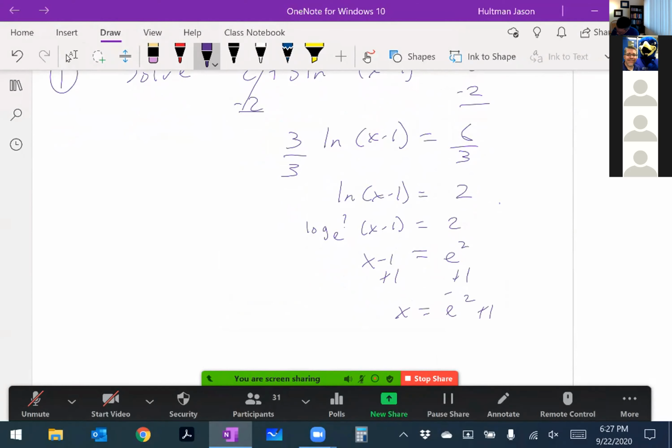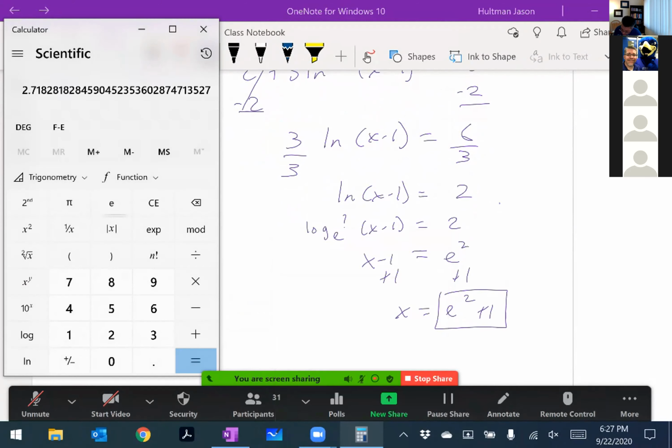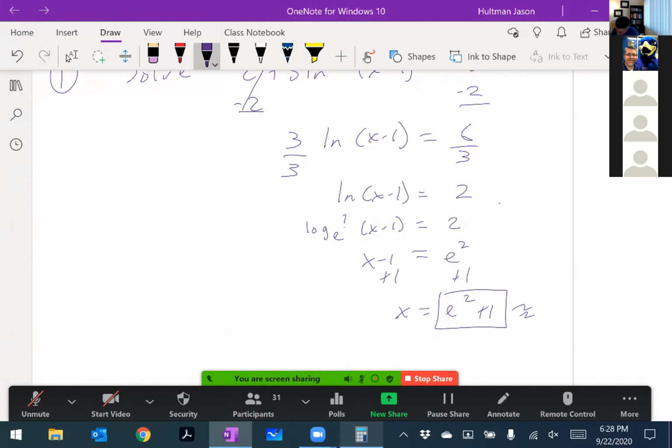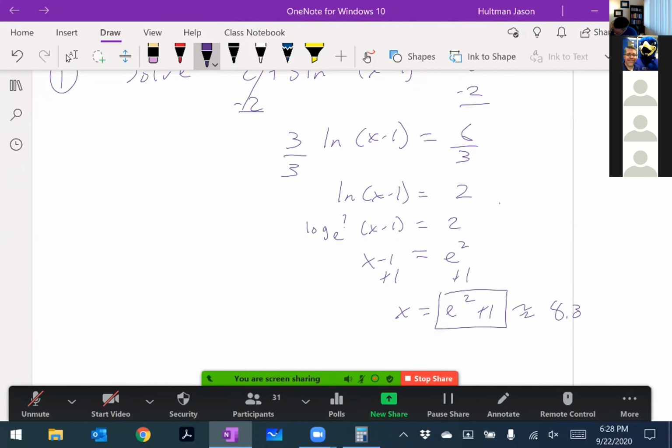If I were to plug that into a calculator, e squared plus 1, there we go. It is about 8.39, I would say.